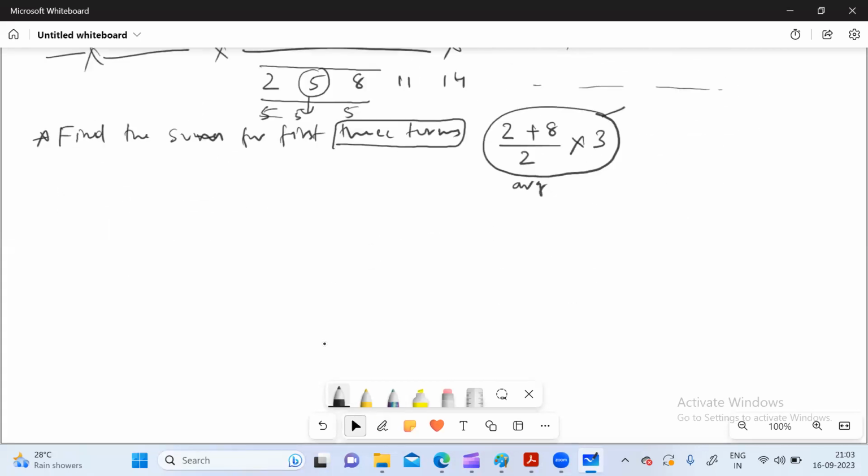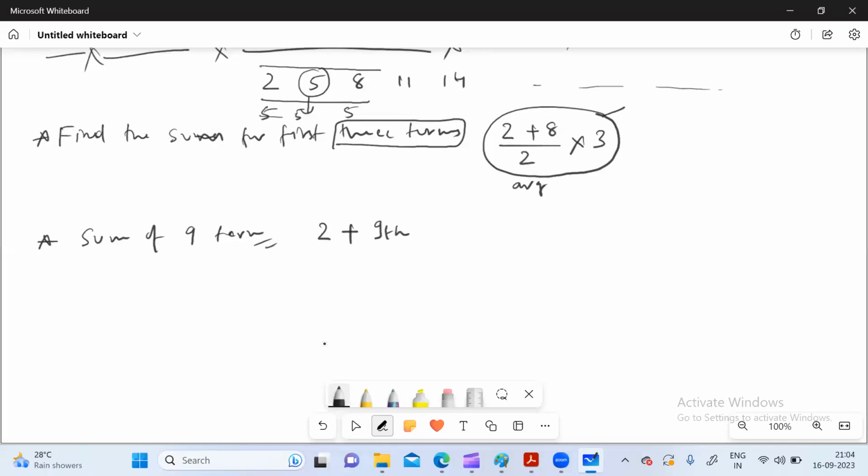If I want to calculate the sum of 9 terms of the same AP, again I will try to find the average, which is first term plus ninth term.